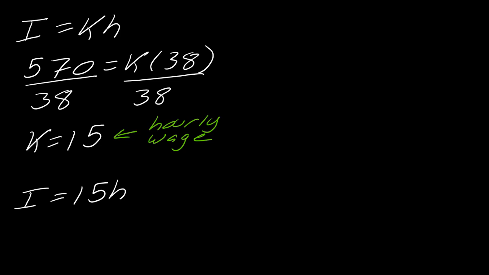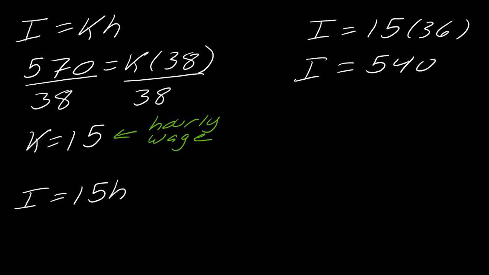Now it says that she's working 36 hours, so I'll just plug that in. So I have I equals 15 times 36. And so her income for the week will be $540.